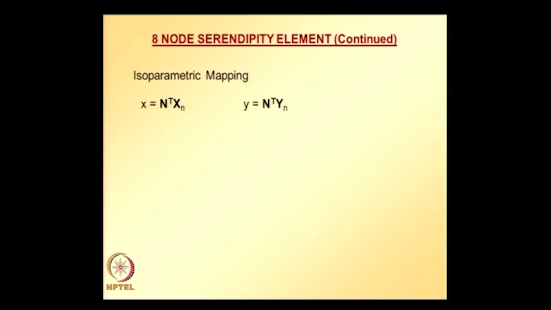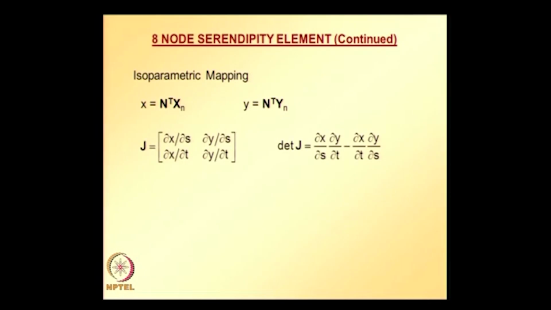So, once we have this, we can easily calculate J and determinant of J. For getting J and determinant of J, we require the derivatives of x with respect to s, x with respect to t, y with respect to s, y with respect to t, that can be calculated using these expressions which are given here.